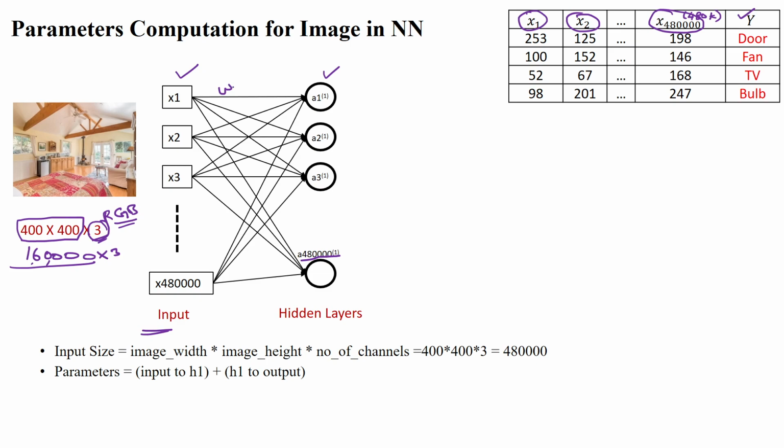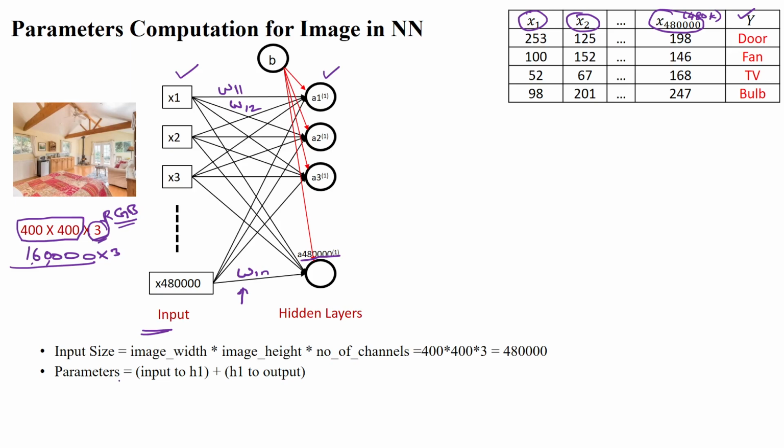Here we will have the weight parameters w1, w12, and so on up to w1n. All the neurons in the hidden layer will also have a bias input.